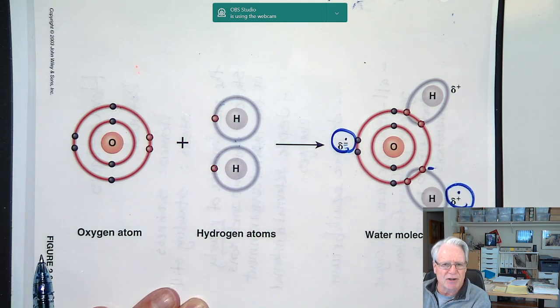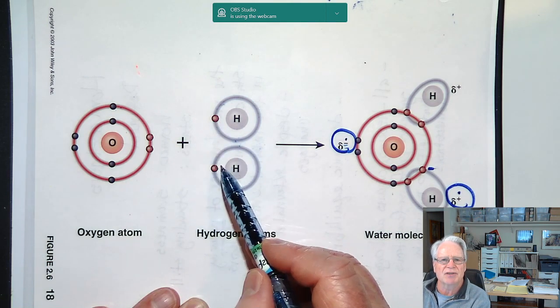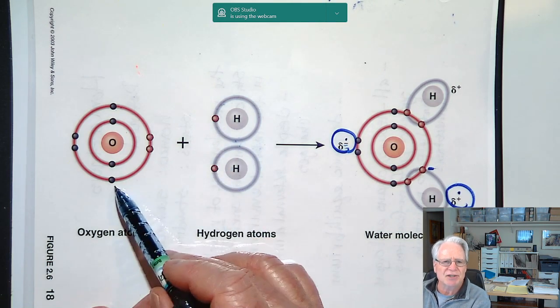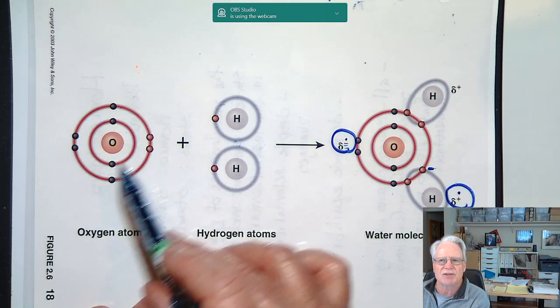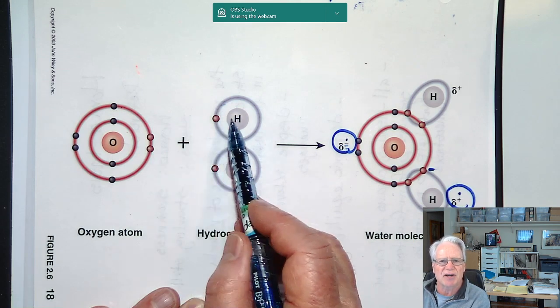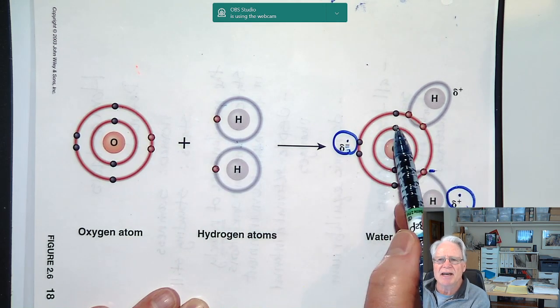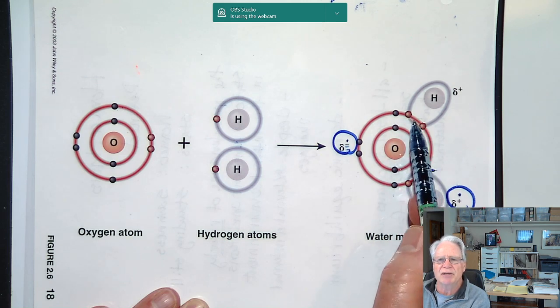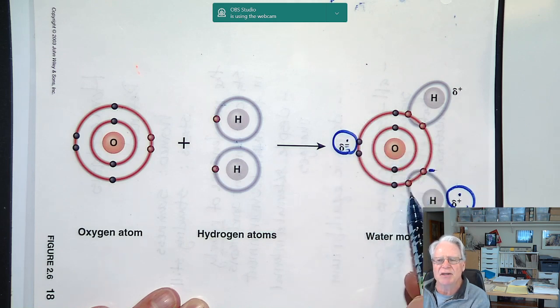That means that they are sharing electrons. And here's one of those electrons. There's the other one. And so for oxygen to be happy, we have to add 2 electrons to this outer shell. And they're going to come right there. So we're going to add those 2. And now what's happening is we're sharing these electrons that came from the hydrogen with the oxygen. And the same thing over here.